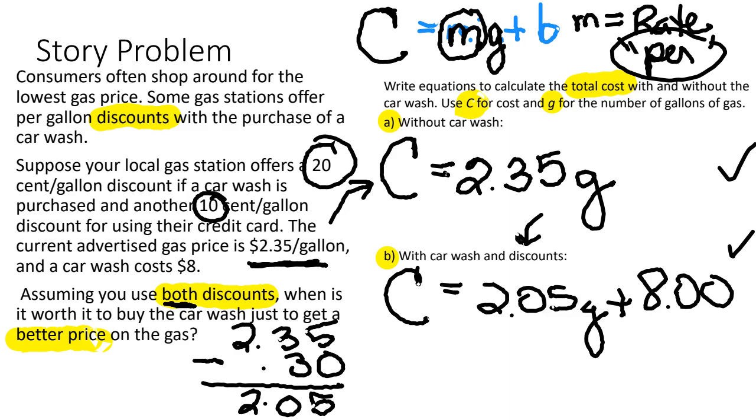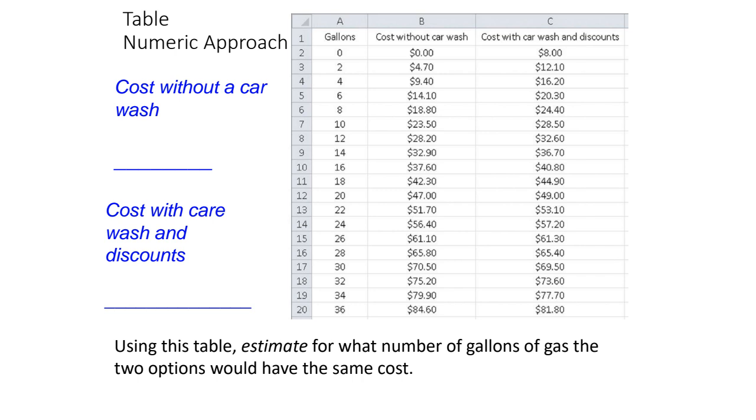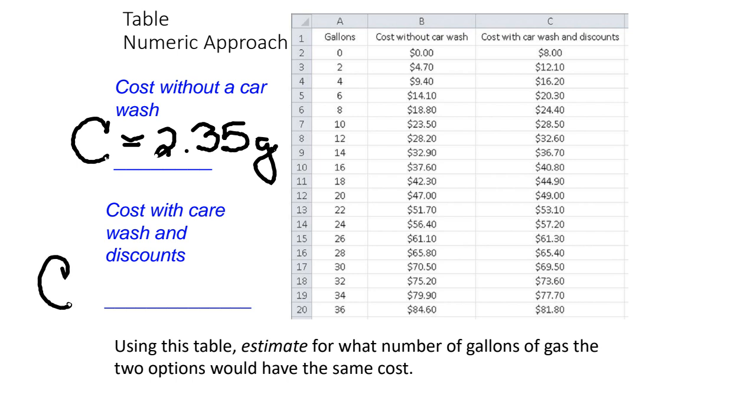Okay, notice here in blue, the cost without a car wash was, in this case, C equals $2.35 G, and the cost with the car wash and discounts is C equals $2.05 G plus $8.